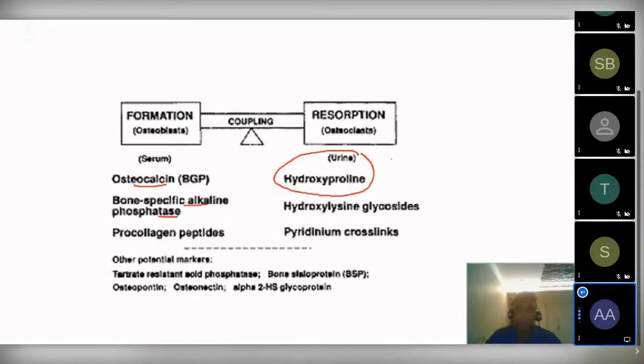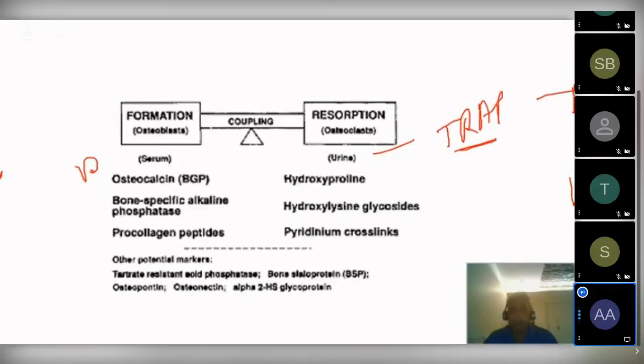To be more simplistic, remember urine markers are picked up for bone resorption and serum markers for bone formation. But please remember TRAP, I mentioned TRAP, isn't it? TRAP is a serum marker, tartrate resistant acid phosphatase, especially in bone metastasis.